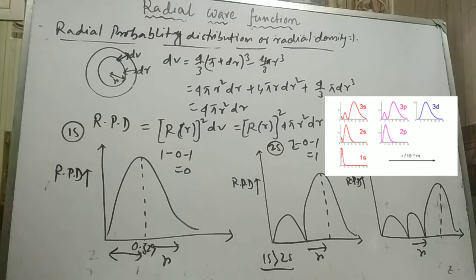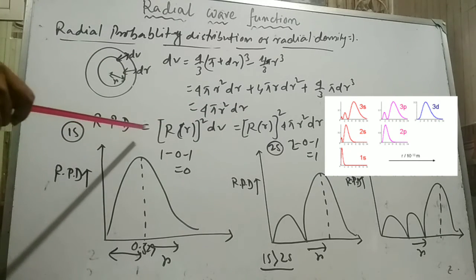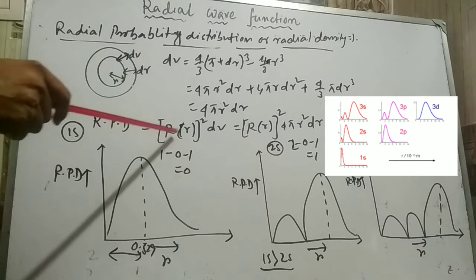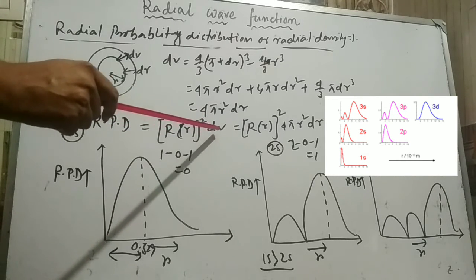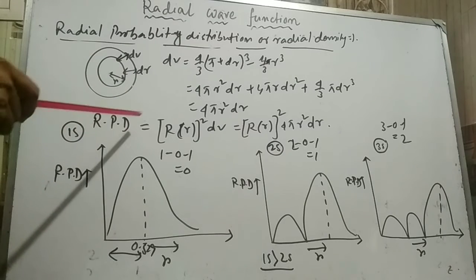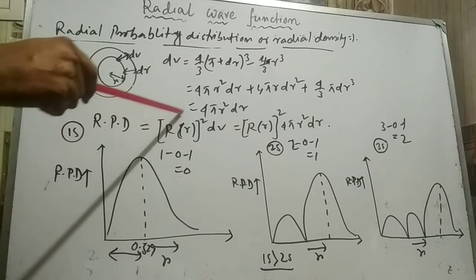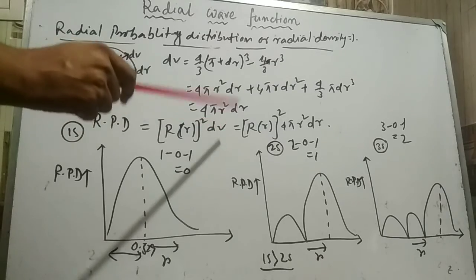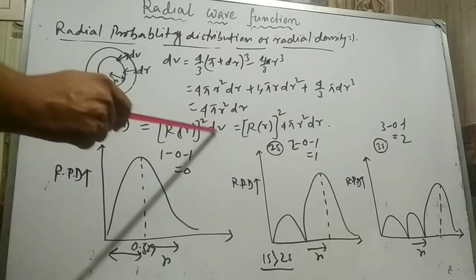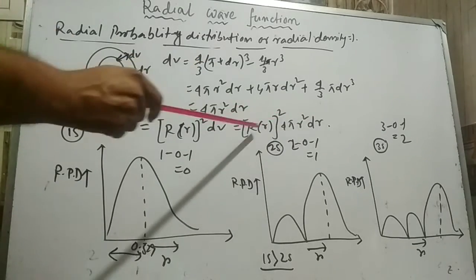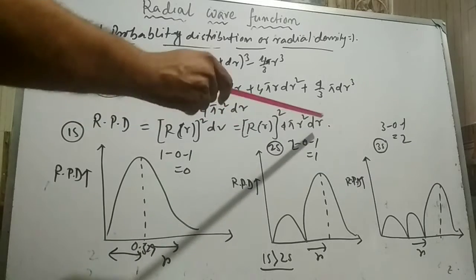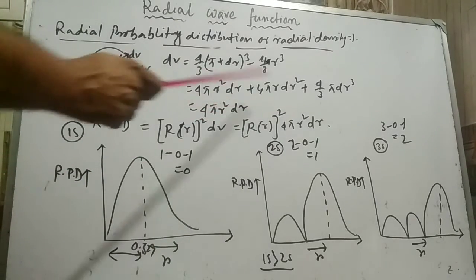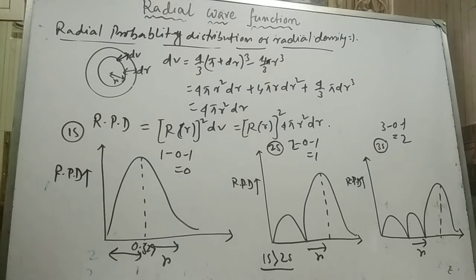Now the radial probability distribution is the square of the radial wave function, that is R², into dV. Now the value of dV is 4π r² dr. So this term, R² · 4π r² dr, is known as the radial probability distribution.